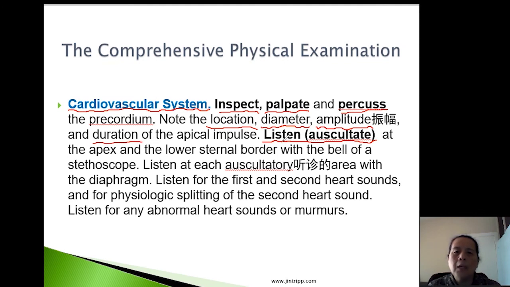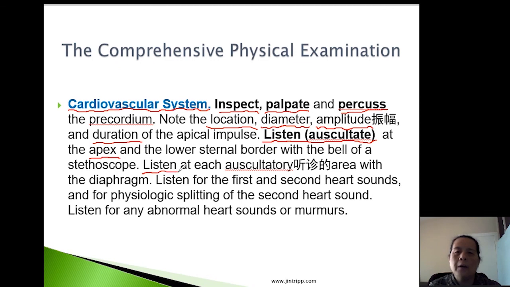And we hear the sounds through the scope coming from the heart, from the apex area, and other areas.